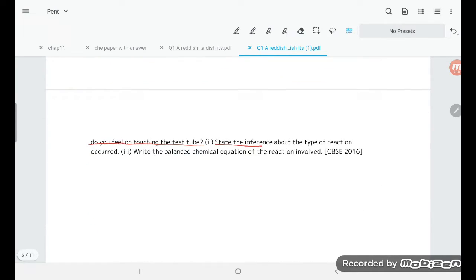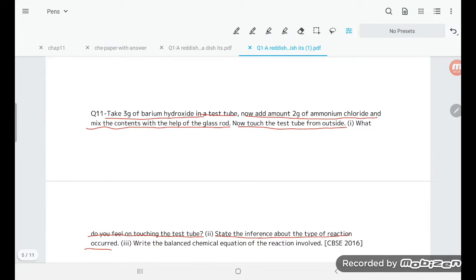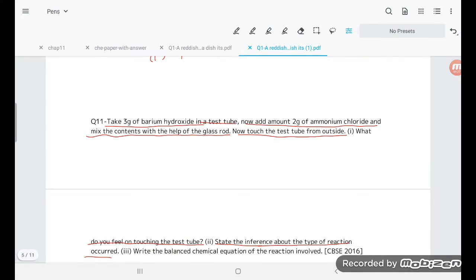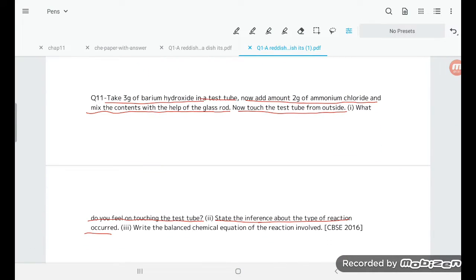State the inference about the type of reaction that occurs. So see what type of reaction it is. Here you write down the reaction between the two. So here NH4Cl is there and barium hydroxide.